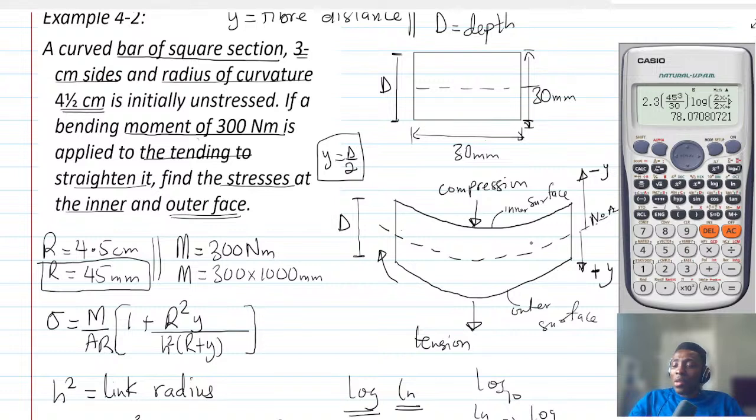So if the y is positive, then that is what? Tension. But if the y is negative, then that's what? Compression. So ideally, that's basically what happens.